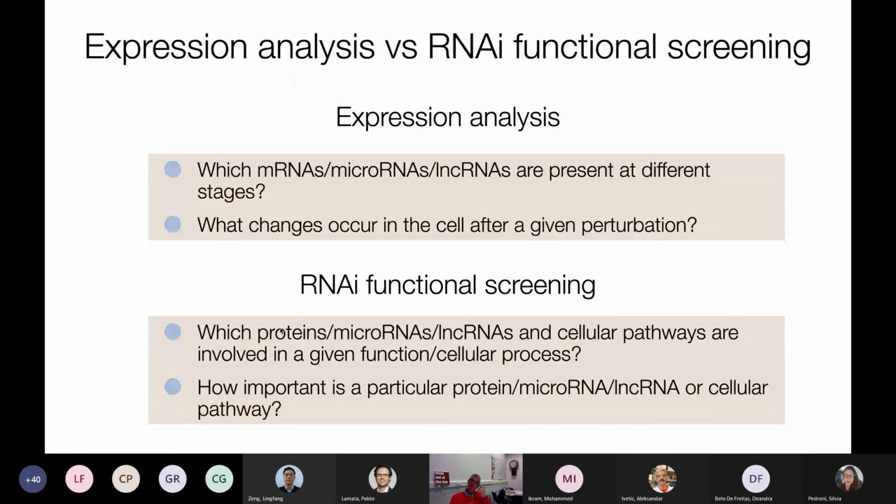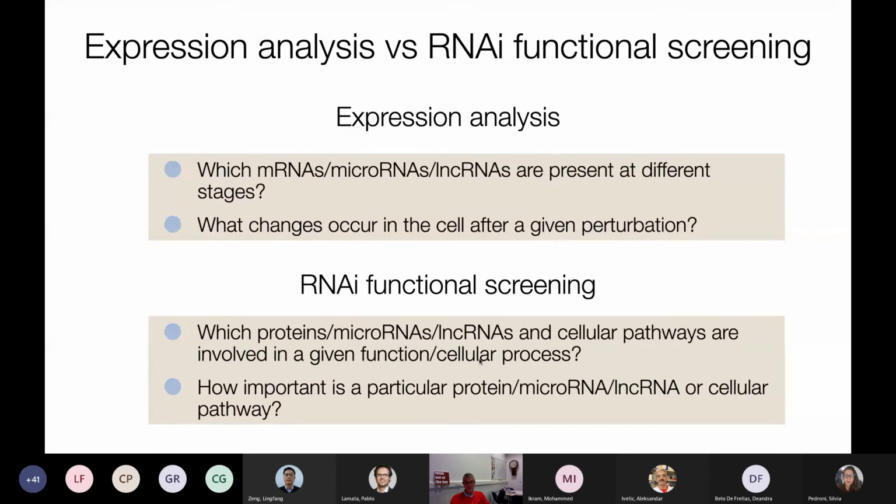So if you want to conceptualize this, if you do expression analysis, you ask yourself whether there are messenger RNAs, microRNAs, lncRNAs that are present in certain conditions and not in other conditions. While if you do screenings, you can screen the same factors, so messenger RNA, microRNAs, lncRNAs, or proteins, but for the function they induce.